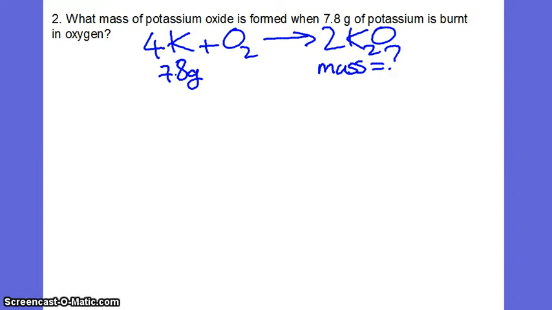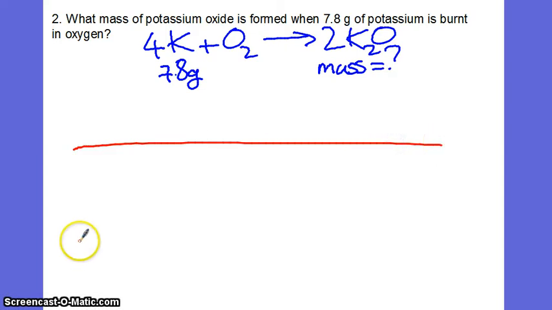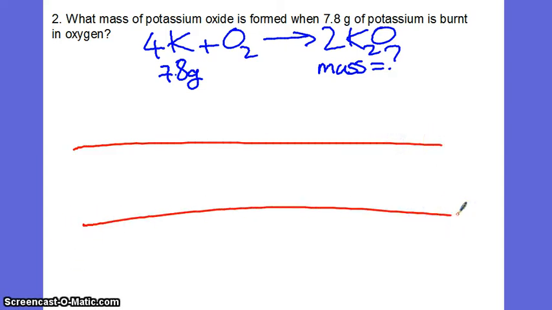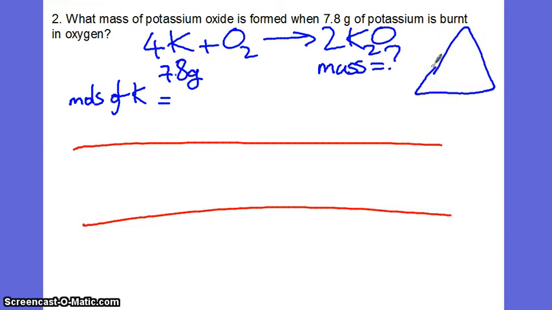Let's draw the stages on. First stage, we work out the moles of what we do know, so moles of K. How do we do that? Well, we need our triangle.